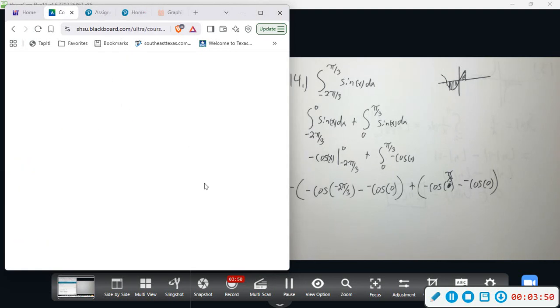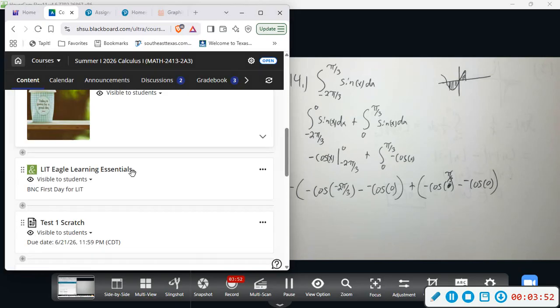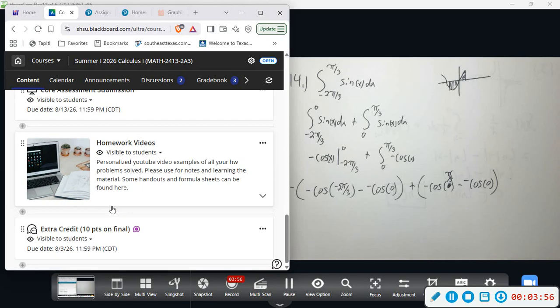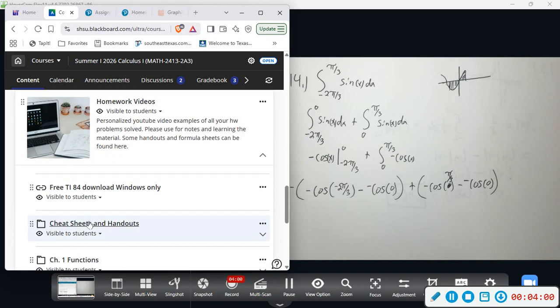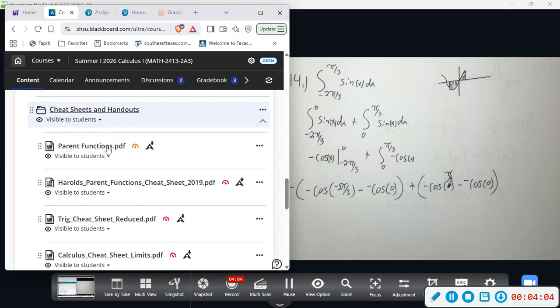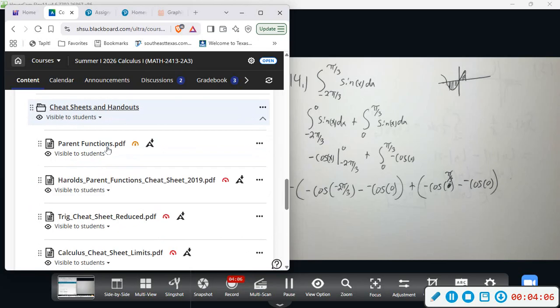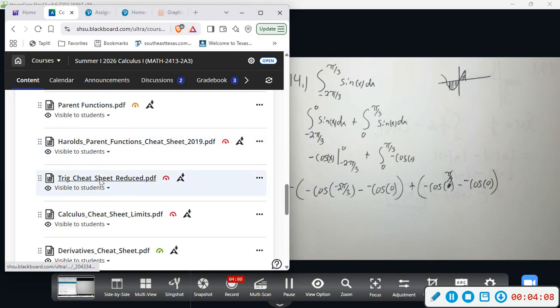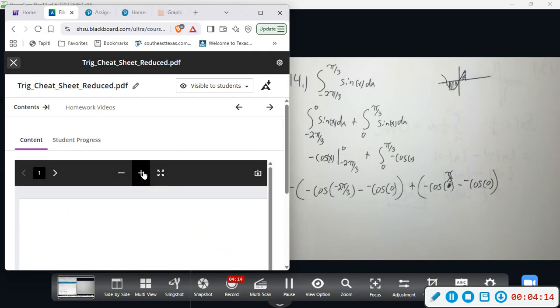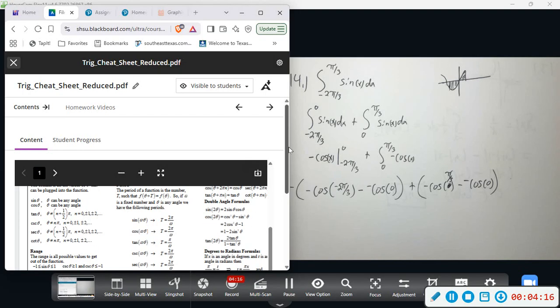Just as a reminder, in the homework folder, cheat sheets, handouts, we want the trig cheat sheet. And we're going to be looking at the unit circle.